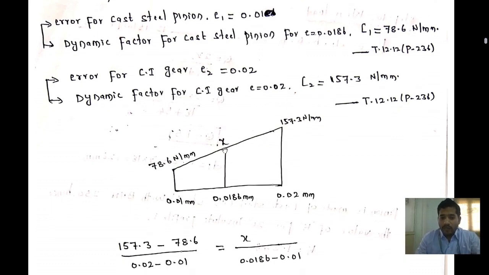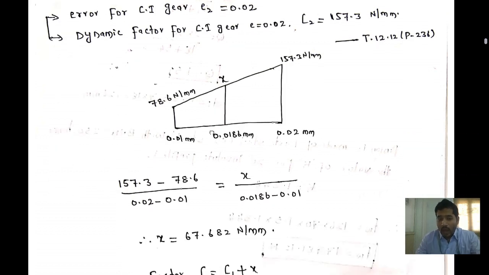So here, the point lies at the center, because we are taking the 0.0186 value. Then how to calculate x, that is the most important. Please concentrate over here.